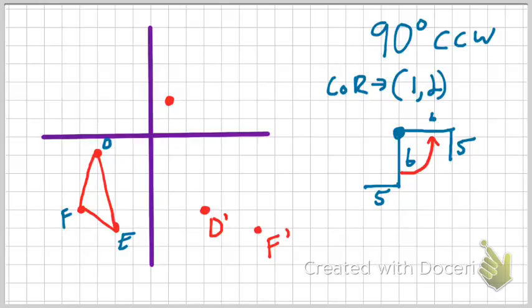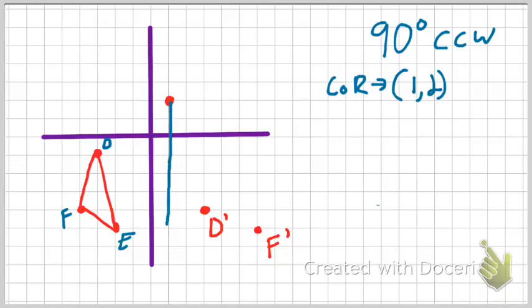And then for our last point, for E, say we went down 8 and left 3. We rotate that 90 degrees counterclockwise.